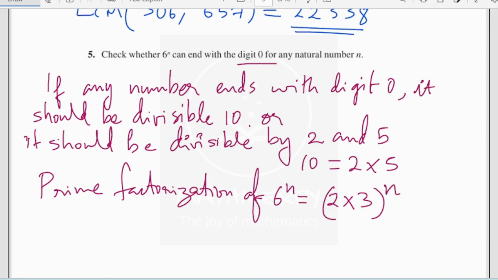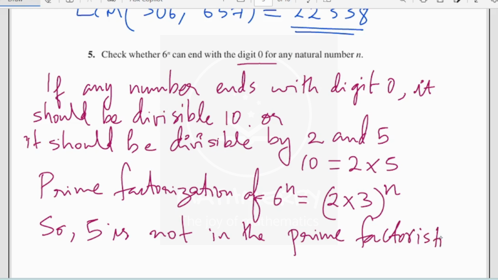So this number goes on and on like 2 into 3, 2 into 3, 2 into 3, like that. So there is no mention of 5 here, and so we can write, 5 is not in the prime factorization.